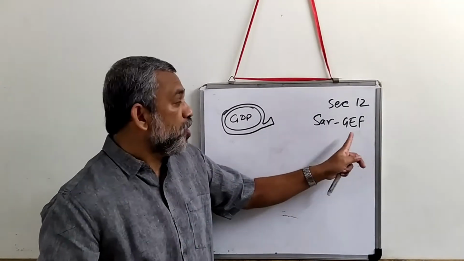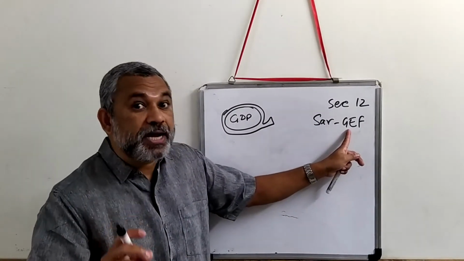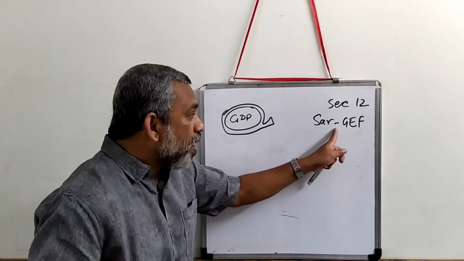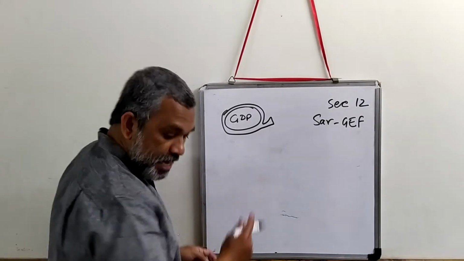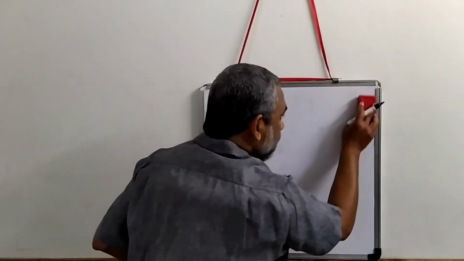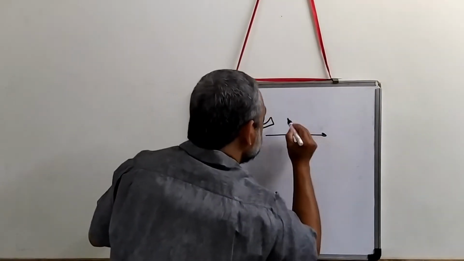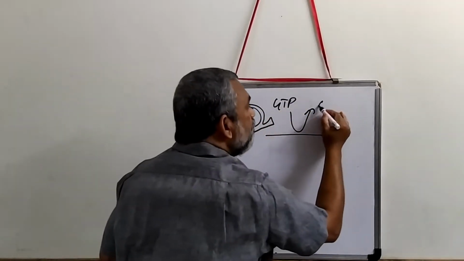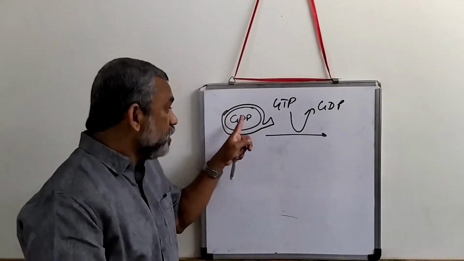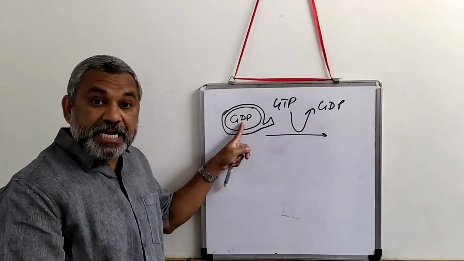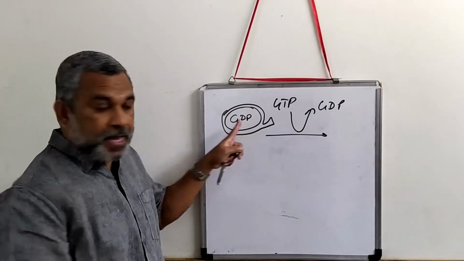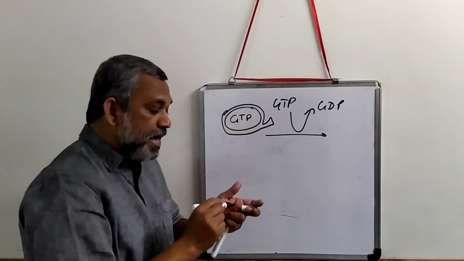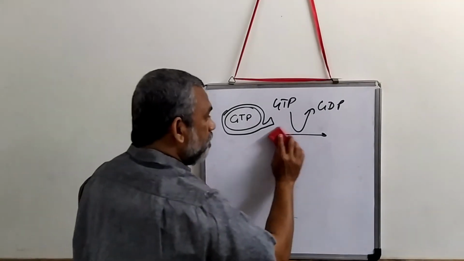GEF stands for guanosine nucleotide exchange factor. What this will do is remove the GDP and replace it with a GTP. Let us make the correction here itself. So this is now being replaced with a GTP molecule.